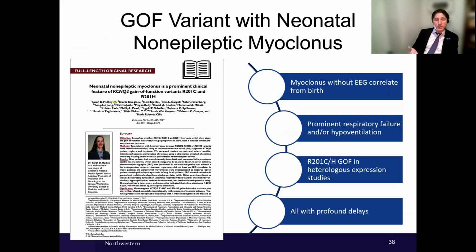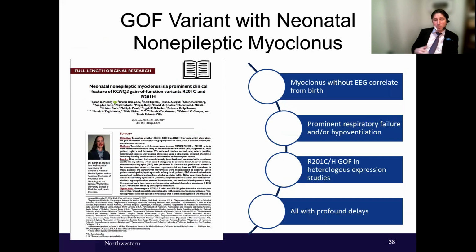It can be difficult to differentiate when a baby is jerking, because it will move the EEG or move the patient, and that can cause some artifact on the EEG. So it might be difficult for certain EEGers to differentiate whether there's an actual change in the EEG or it's just muscle jerks. But in this case, the experts conferred and reviewed the EEGs and decided there was no change on the EEG. It was just muscle movement, which is an important point.